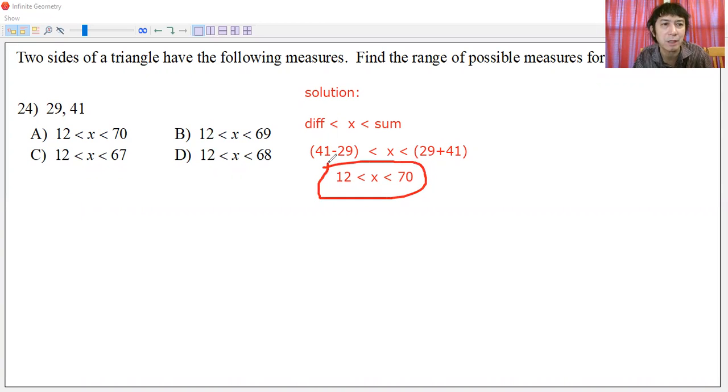Okay, and that looks like letter A over here. Okay, and we can check and verify if the asterisk is there. Yes. All right, so that should be the right answer.